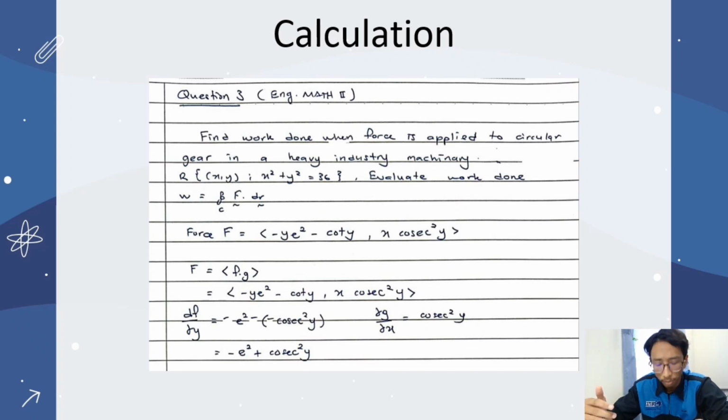We need to differentiate F with respect to y, while G we differentiate with respect to x. So dF over dy we get negative 2y plus cosec squared y, while dG over dx we get cosec squared y.